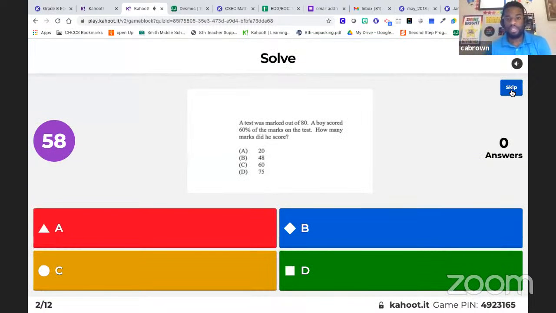All right, second question. A test was marked out of 80. A boy scored 60% of the marks on the test. How many marks did he score?